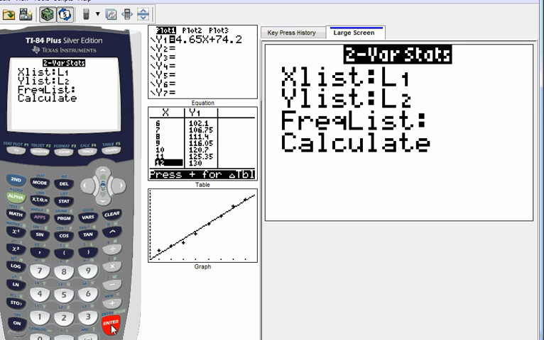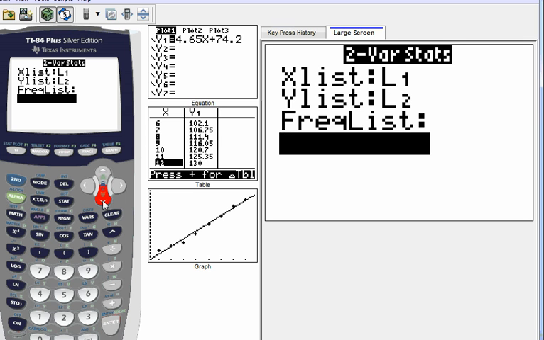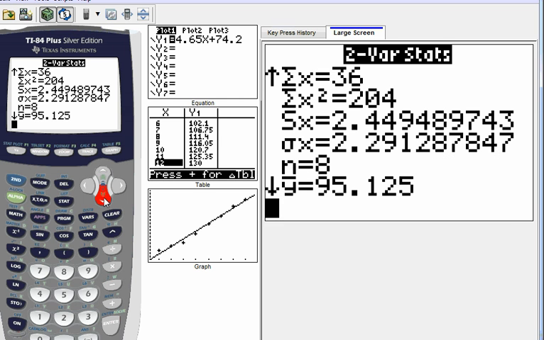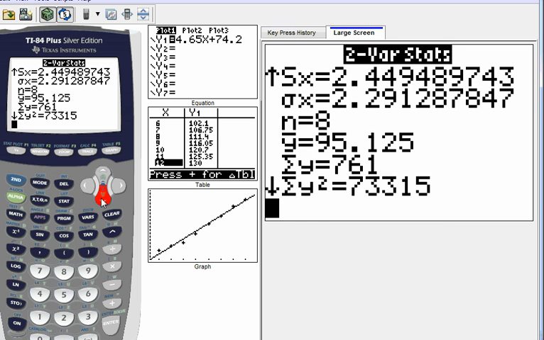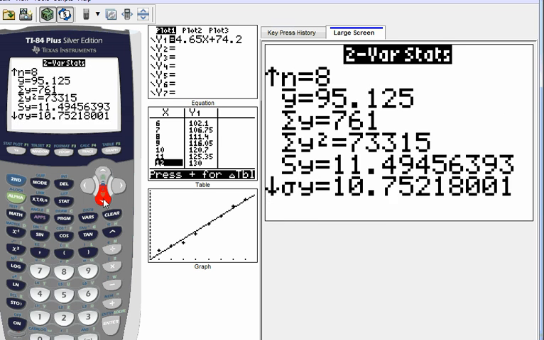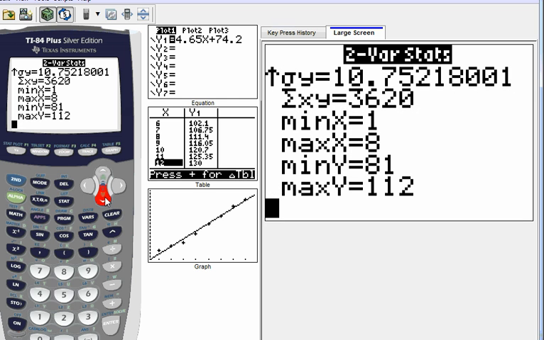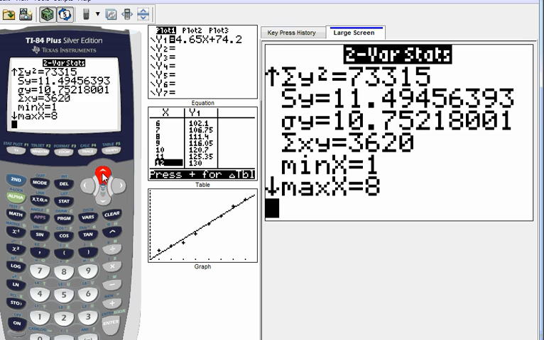Press enter. And again, it's asking me if I have the right lists, and I do, so I want it to calculate. And we need to arrow down a little bit here. And right, I think it's the last one on this list. It's actually an R value.